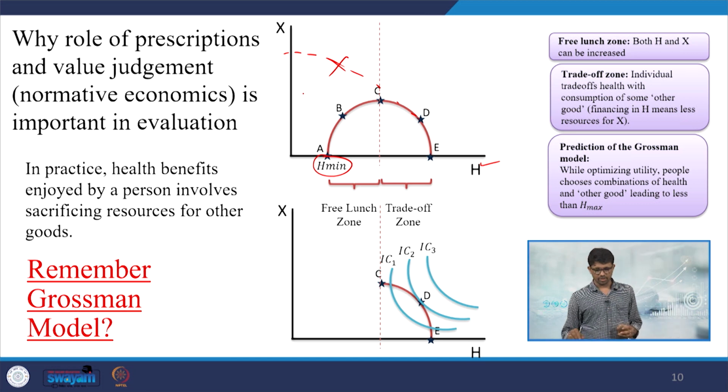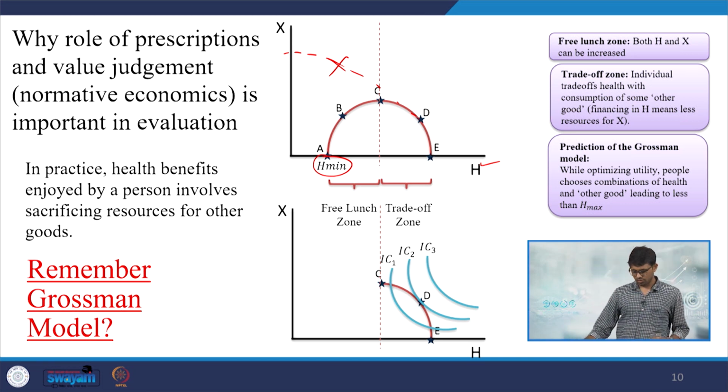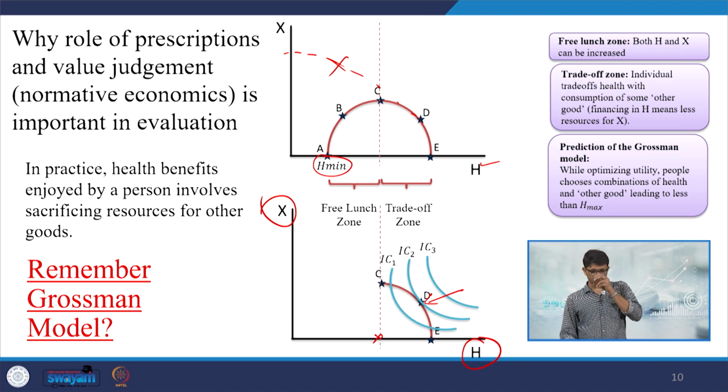Usually, we explain that if it is two economic goods or consumption based goods, then that is a possibility, whereas in the health case it starts from H minimum, where we emphasize the pre-launch and trade-off zone. We mentioned that the optimization is usually discussed in the trade-off zone, comparing H and X, but after the pre-launch zone.